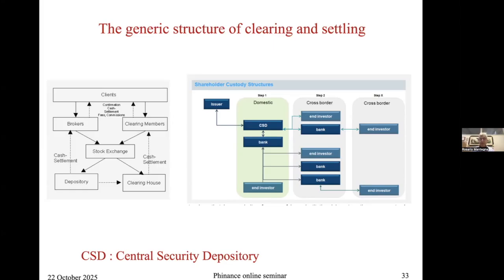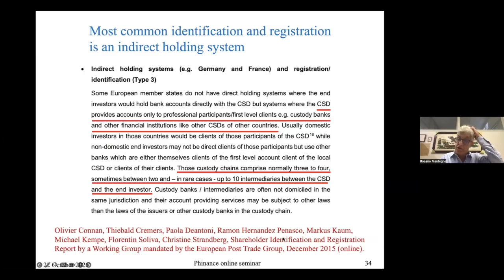The system is organized in a way that for each country, you have typically a central security depository. The central security depository controls the information concerning the ownership of the financial assets issued in a specific country. Typically, this information is not centralized, but it is distributed on a chain of custodians, because banks act as custodians.